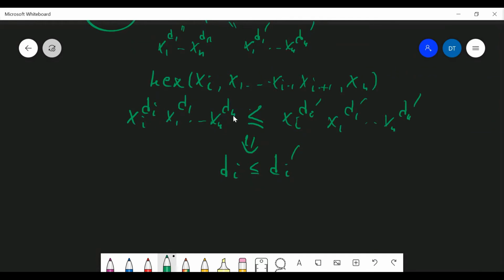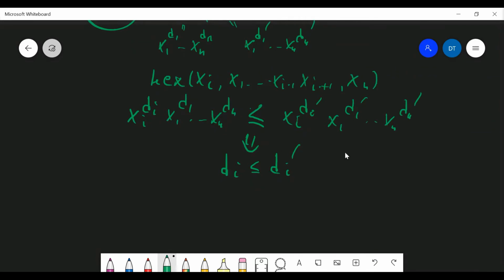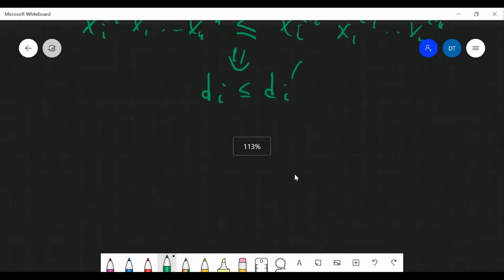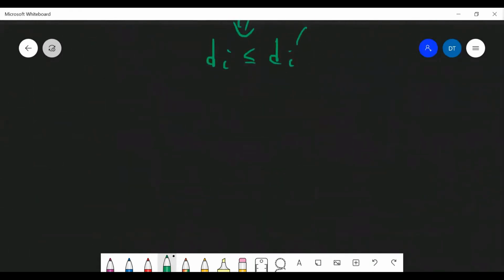Okay, let's move on. What I wanted to do next, I just want to draw a picture once again, and I want to make several remarks regarding this picture. This is the case of two variables again. So if you take a monomial like this, then you have this corner.